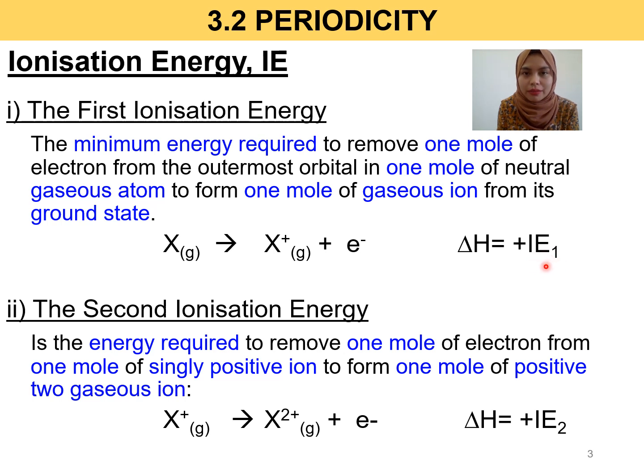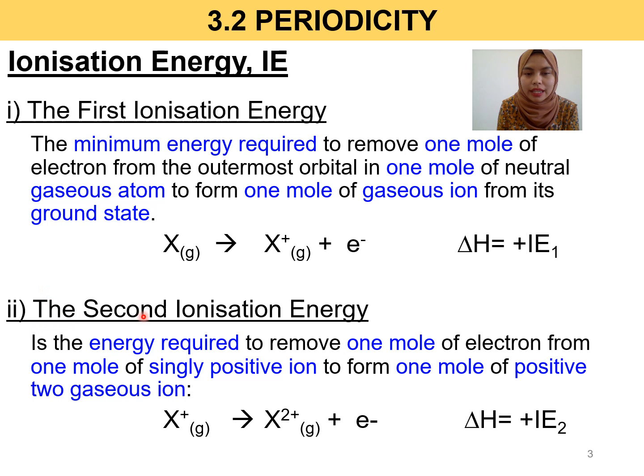IE1 means the first ionization energy. Because it requires energy, when it wants to remove an electron, it has to absorb energy so that it can remove the electron from its valence orbital. That's why when it requires the energy, the symbol for ionization energy is positive. Because when you want to remove an electron, you will always need energy.